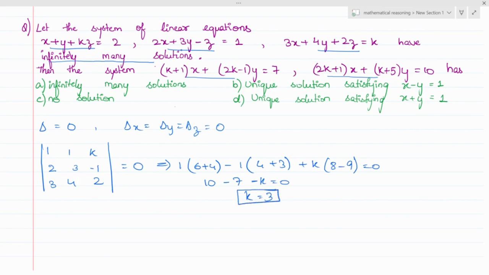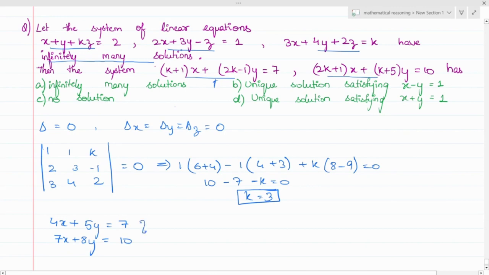So just substitute this value in the other set of equations. So the system of equations will be 4x plus 5y equal to 7, and this equation will be 7x plus 8y equal to 10.